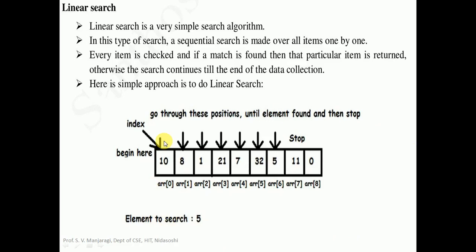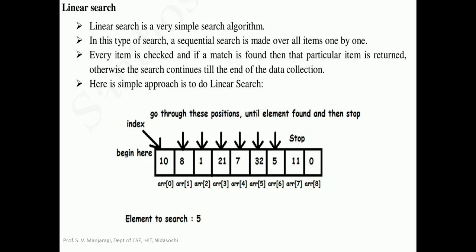Linear search is a very simple searching algorithm. Here also a list of elements will be given, that is an array of some elements, and we need to take a search key, that is the element to be searched, and after that we need to search for that particular key in the array. The searching technique is very simple here. Go on comparing the search key with each and every element of the array, starting from the first element till the end of the array.